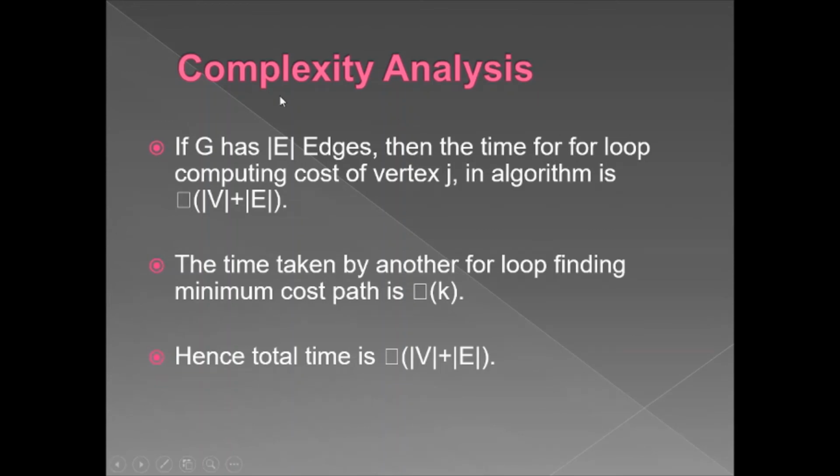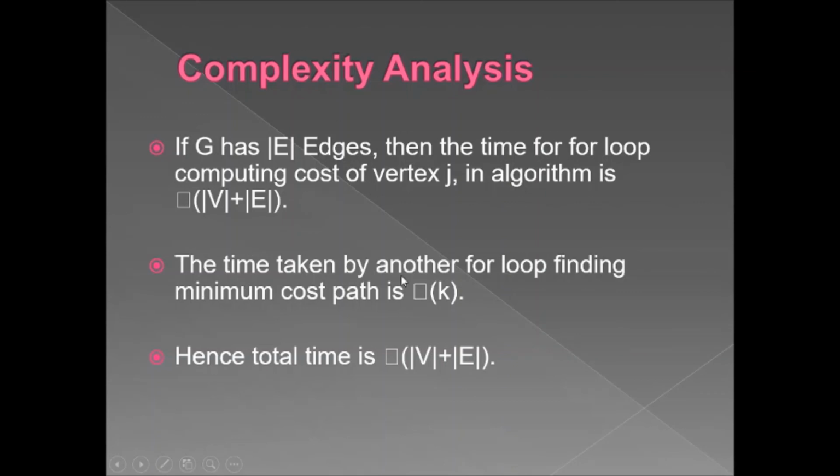Here let us know about the complexity of these algorithms. If G has some total number of edges, then the time for the loop computing the cost of vertex j in the algorithm depends on how many vertices and how many edges there are, so it is the sum of vertices and edges.